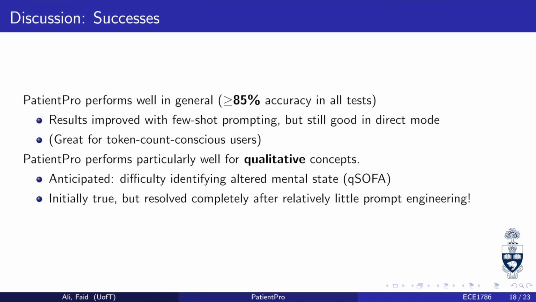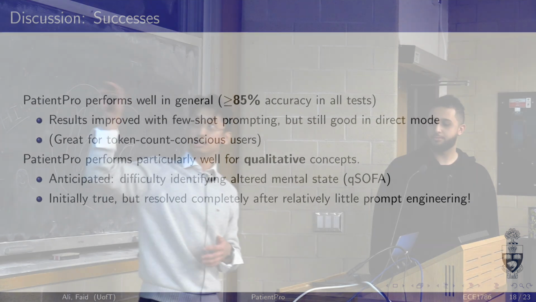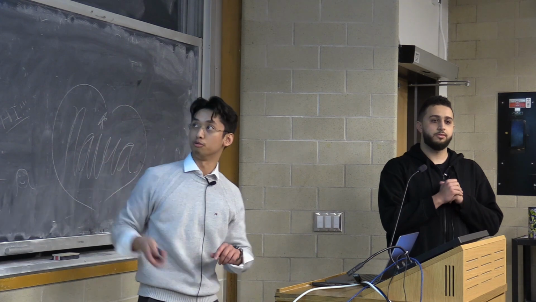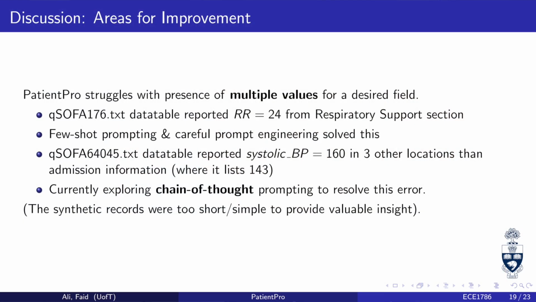Something that we noticed that was really interesting was that PatientPro actually performed better on qualitative items rather than quantitative numerical values. We had anticipated that it would have problems with the altered mental state field for the qSOFA score, but with little prompt engineering, we got that out of the way. The real issue was that multiple values may be reported in the same EHR. That was what we got stuck on.